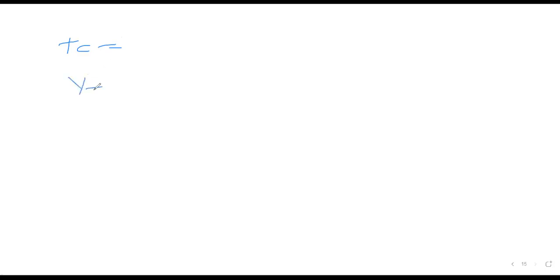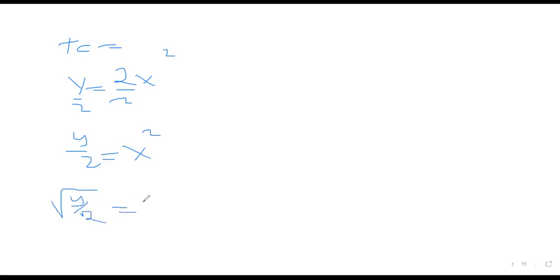We've been given that y equals 2x squared. We can make x the subject because that's our critical function in terms of the cost. If we divide both sides by 2, y over 2 is equal to x squared. Taking the square root on both sides, x will be the square root of y over 2. We computed our total cost as px times x, and remember, our total cost was 8x.